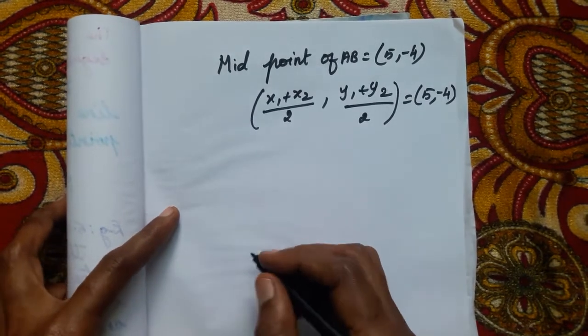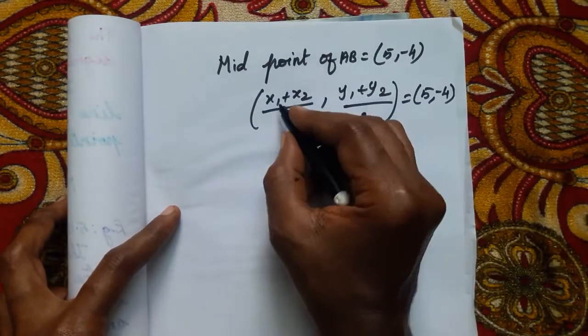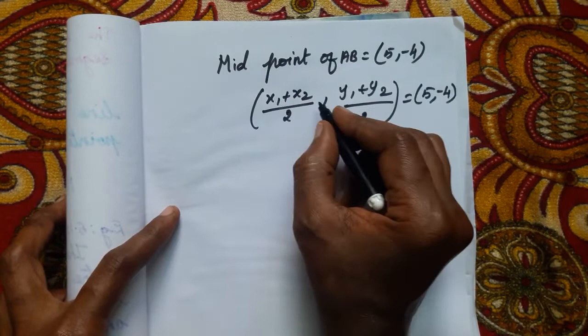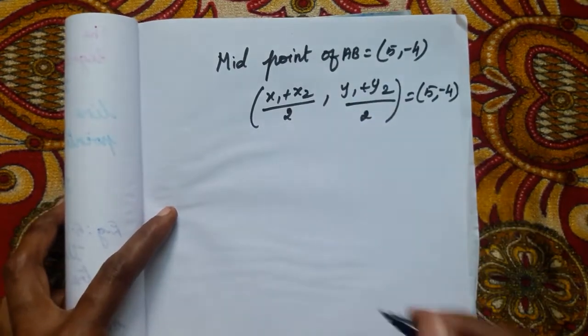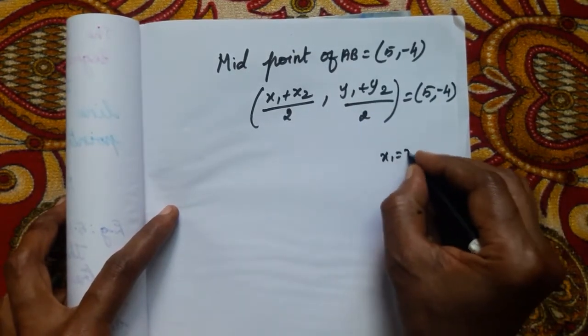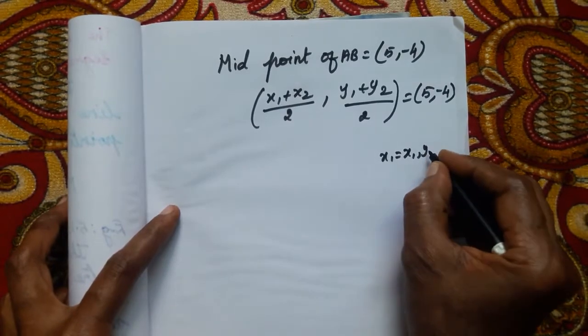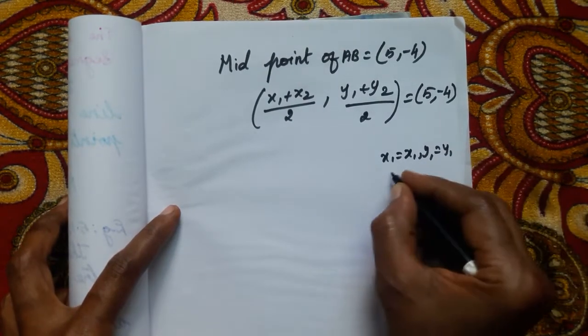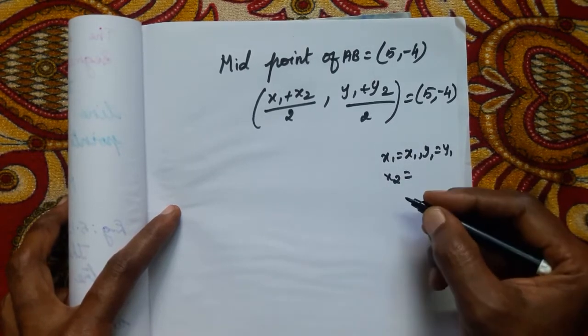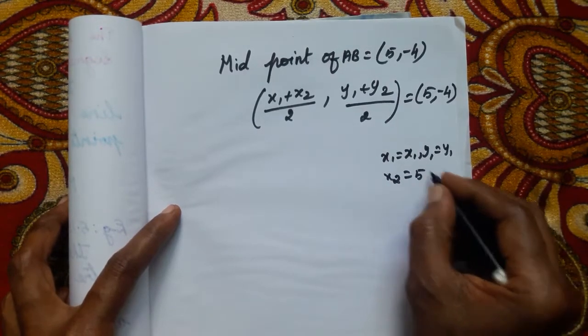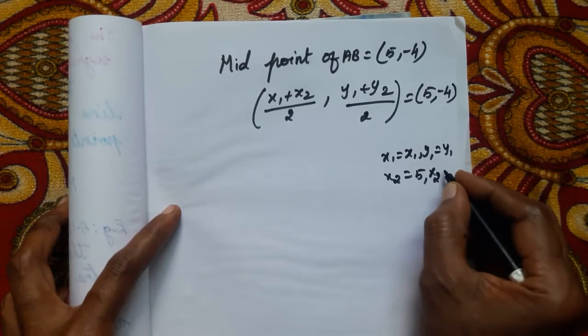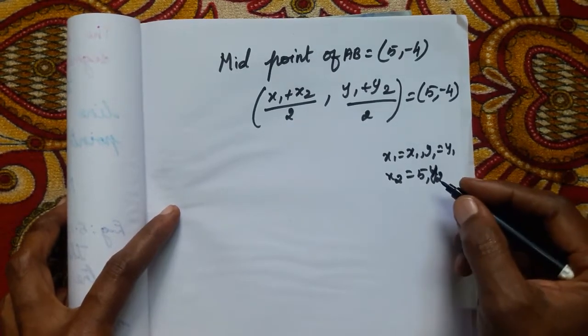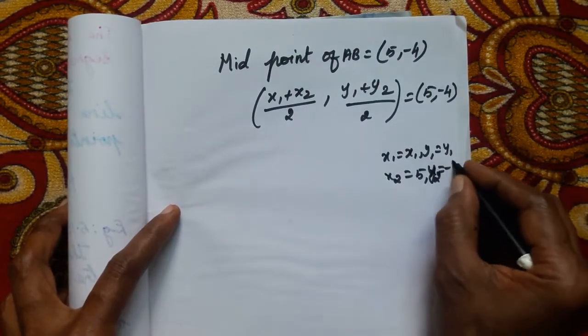Here x1 is x1 only, y1 is y1 only. Next, x2 is the coordinate of B, 5, and y2 is equal to minus 6.